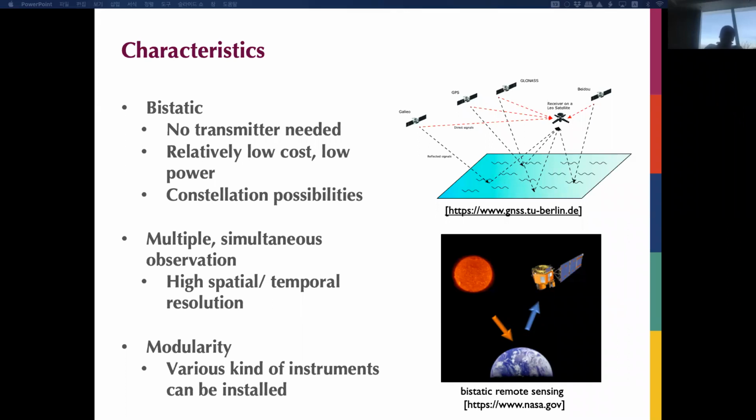We just need to build a receiver on the surface, so it is called a bistatic system. This bistatic system can give our system very low cost and low power, and it makes it possible to build other receivers simultaneously, so it may be possible to measure in different places at the same time.